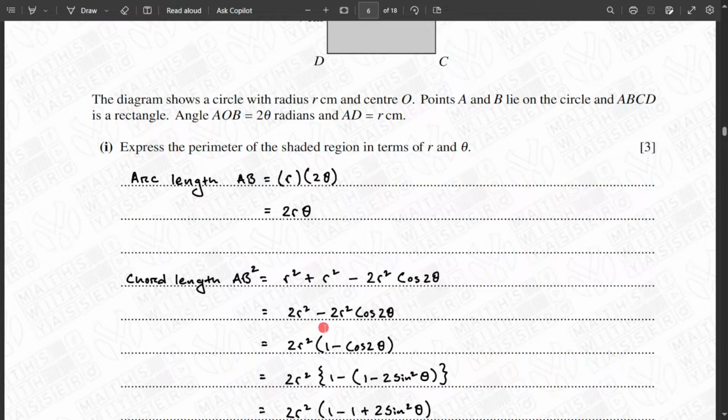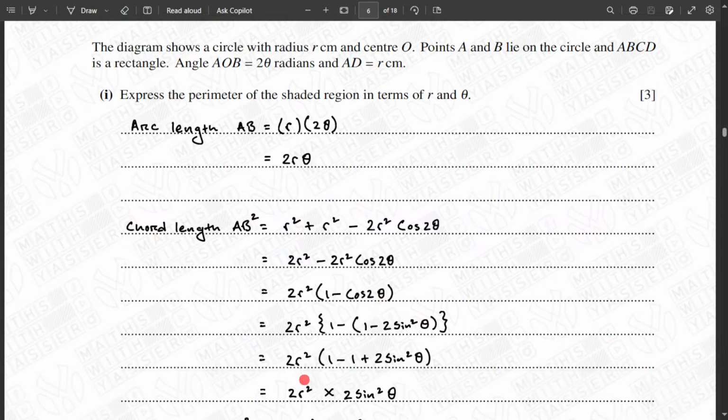So that will be 2r square minus 2r square cos 2 theta. If I take 2r square common, then I will be having 1 minus cos 2 theta within brackets. Again, if I keep 2r square outside, I can write cos 2 theta as 1 minus 2 sine square theta. The reason I'm doing that is because I want to get rid of this 1.